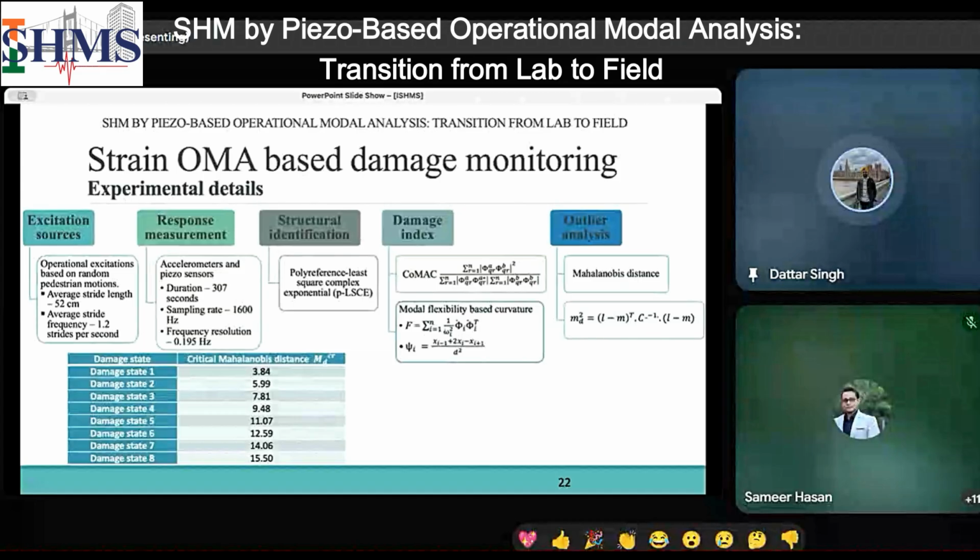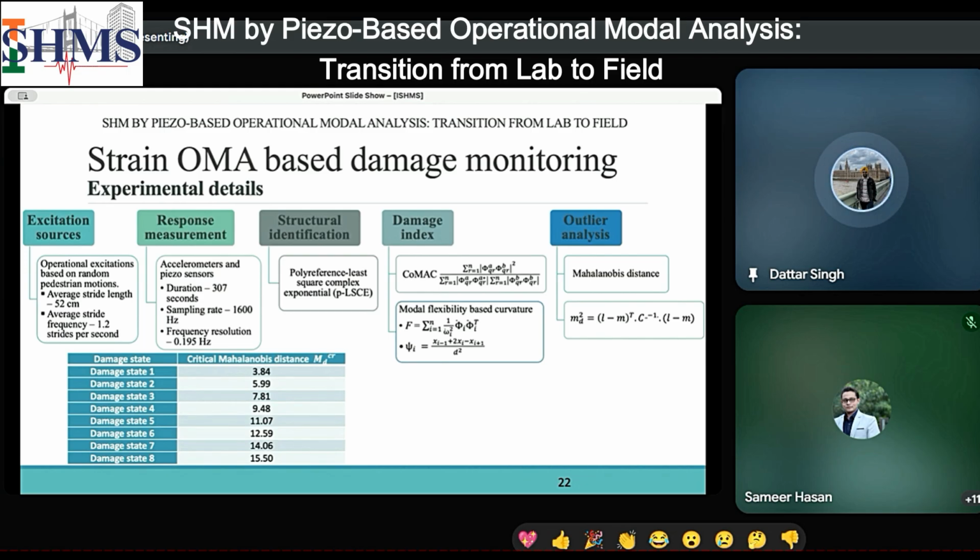We adopt Mahalanobis distance as the index to categorize whether the COMAC obtained at a particular node, or the flexibility-based curvature at a particular node, is a damaged node or not. Basically, what Mahalanobis distance gives us is the distance of an observation from the entire group of observations.